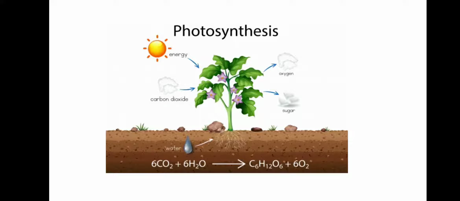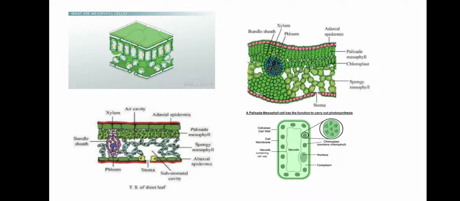So this is a diagram to show photosynthesis, what is being formed. Sunlight, light energy, carbon dioxide, then sugar and oxygen is being formed. The reaction is given. So where does it take place? Okay, it takes place in the leaves, right? So this diagram shows where it takes place.